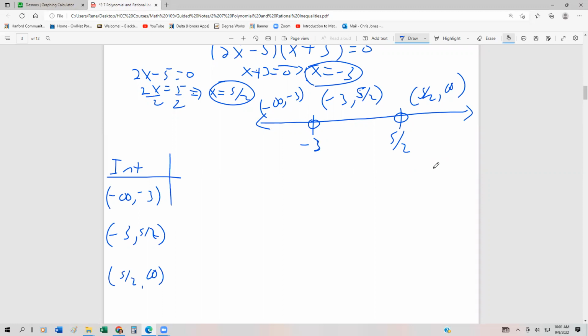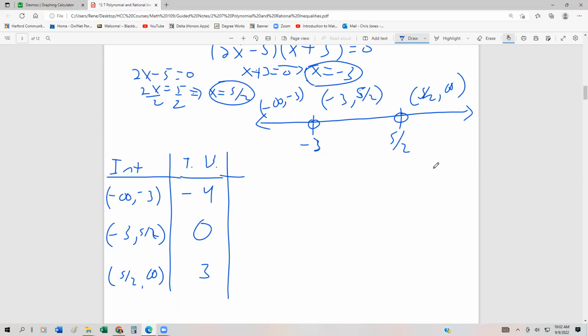Then we need test values. We certainly know that negative 4 is a number between negative infinity and negative 3. We always pick 0 whenever we can. And 5 halves is 2.5, so let's just pick 3 for the other test value.